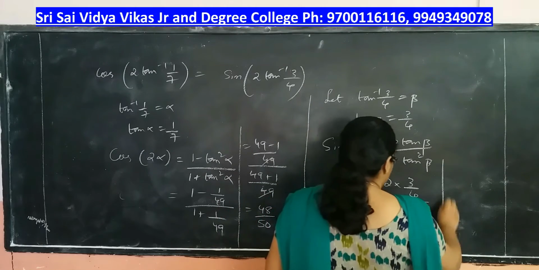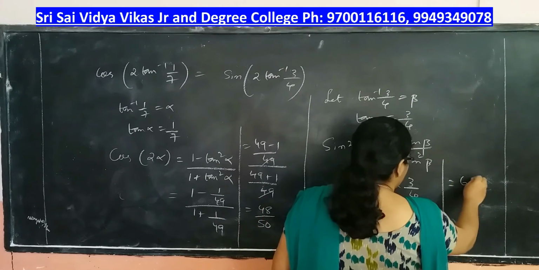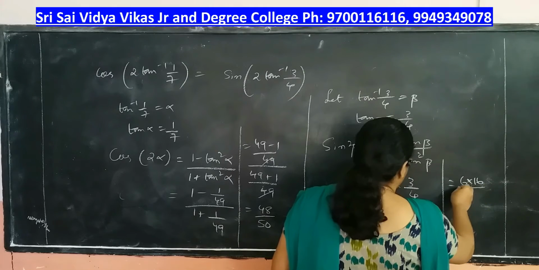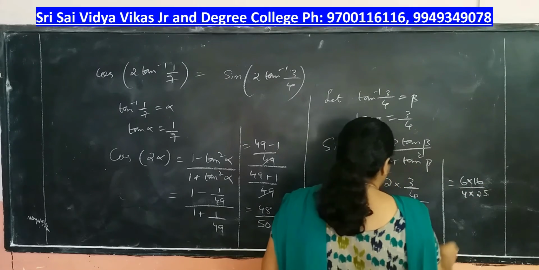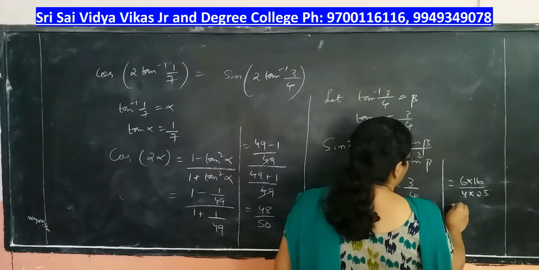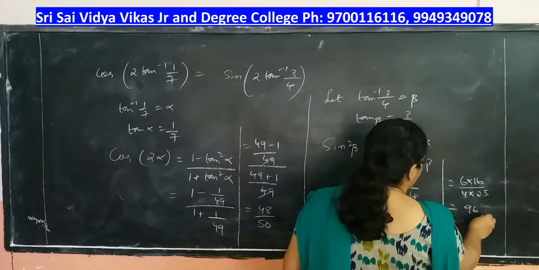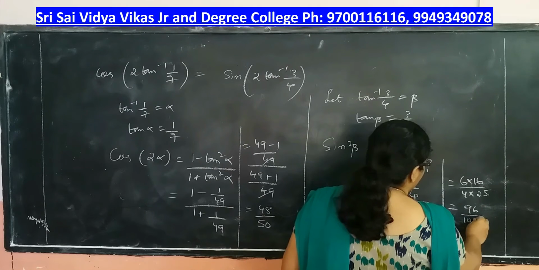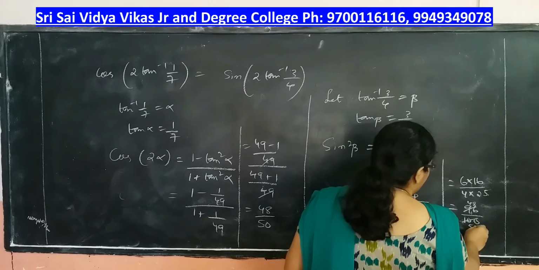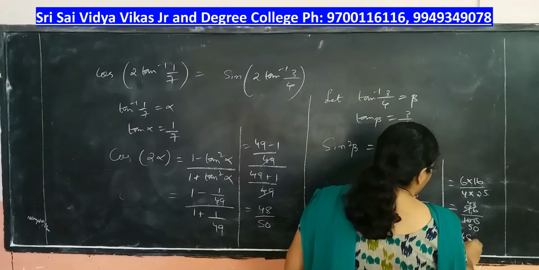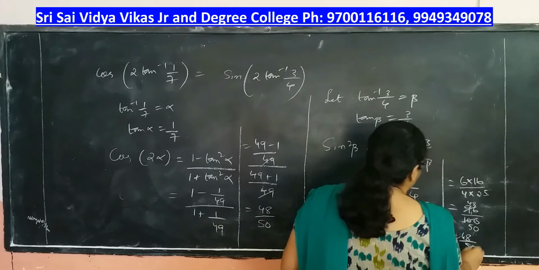Which is 6 into 16 by 4 into 25. 16 5s are 80, 16 6s are 96 by 100. That will be equal to 2 4s are 8, 2 8s are 16, 2 50s are 100, which is 48 by 50.